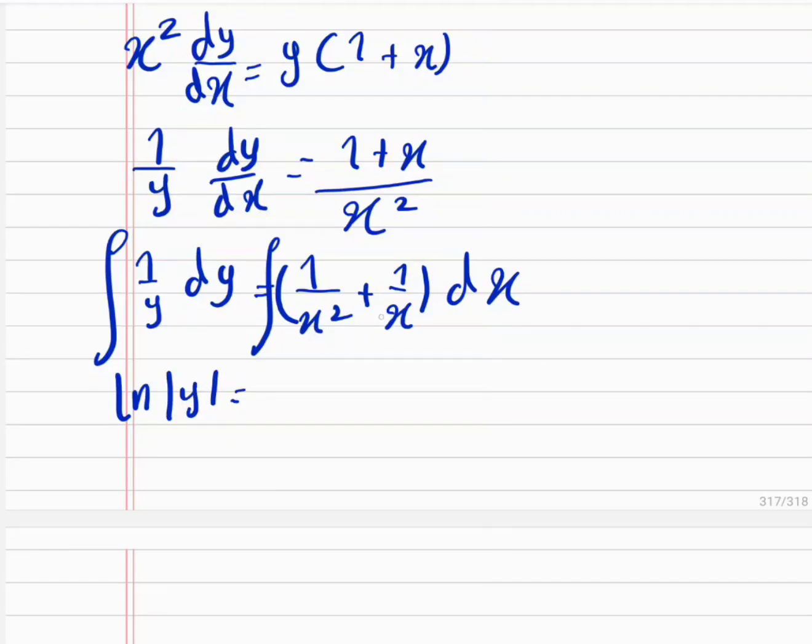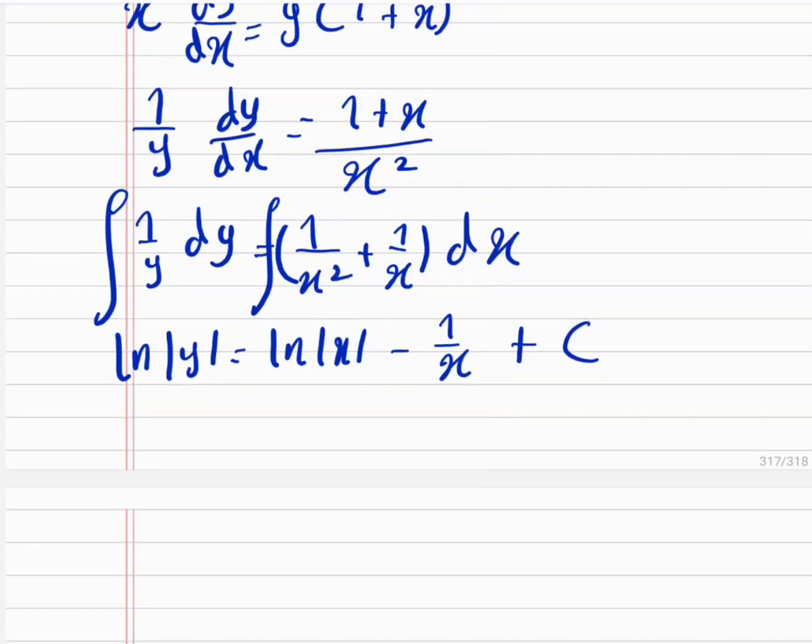And when we integrate 1 over x, we also get ln mod x. But when we integrate 1 over x squared, that's just equal to minus 1 over x. It's just something from Pure 1. And obviously c is the constant of integration in this case.